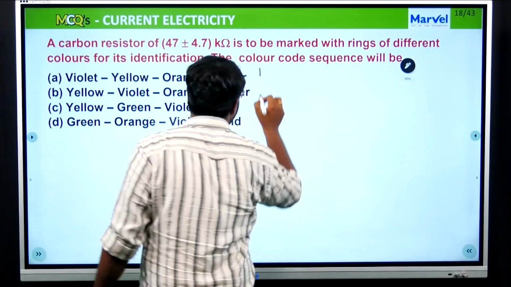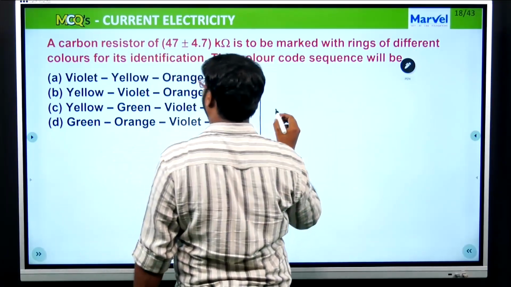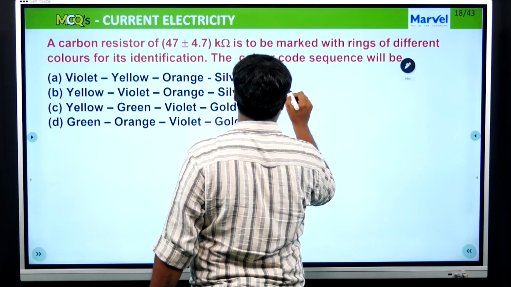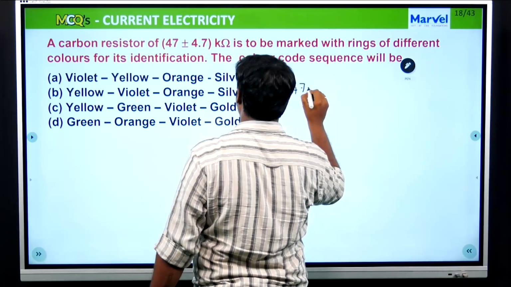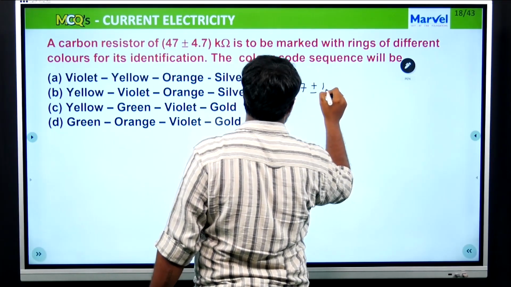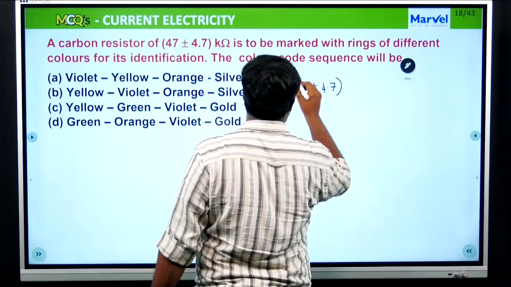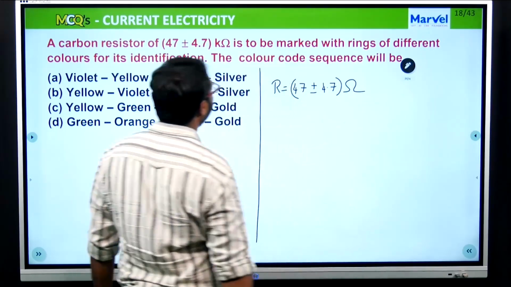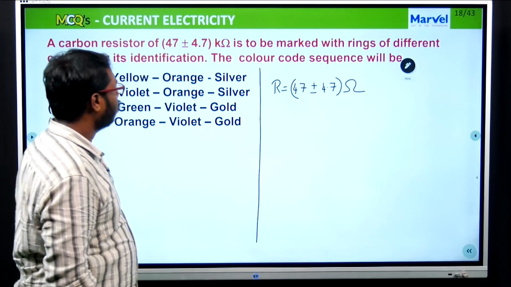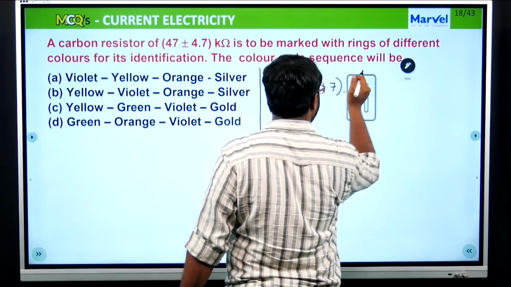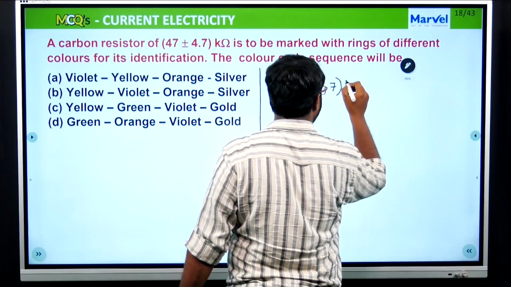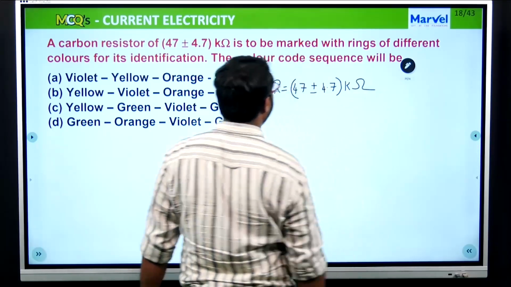The carbon resistance that is offered to us is capital R is equal to 47 plus or minus 4.7 ohms. Actually 4.7 kilo ohms. Kilo means it is 10 power plus 3.